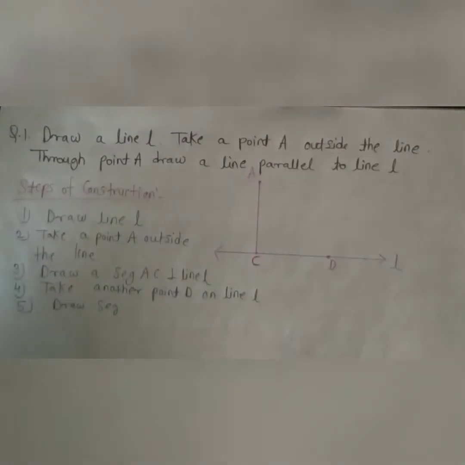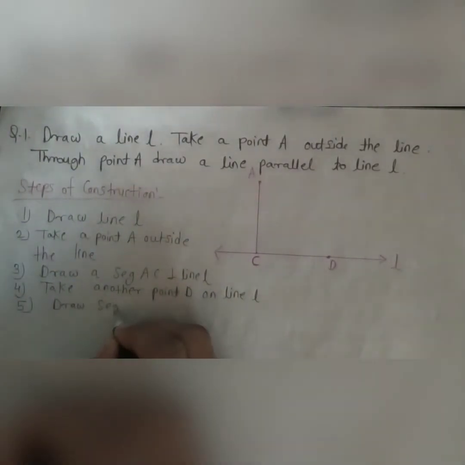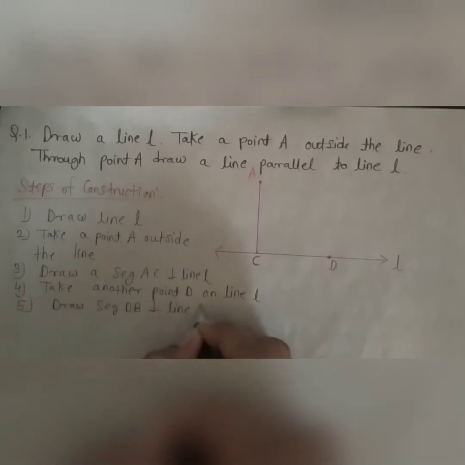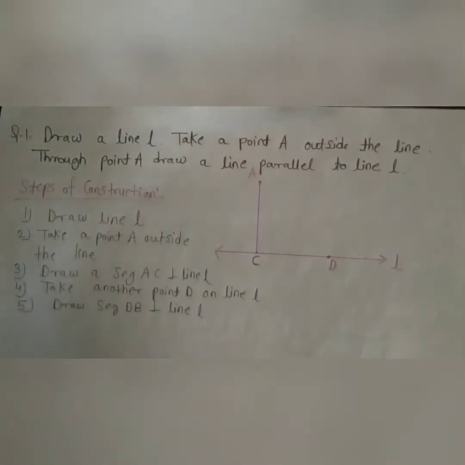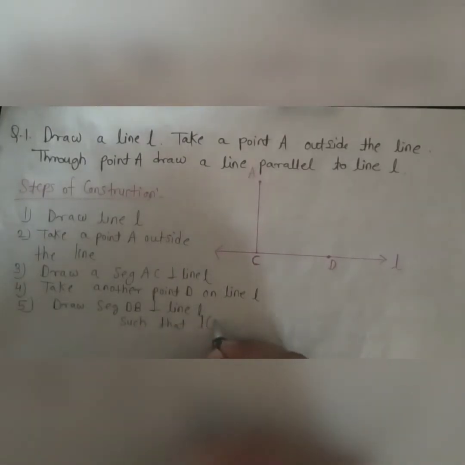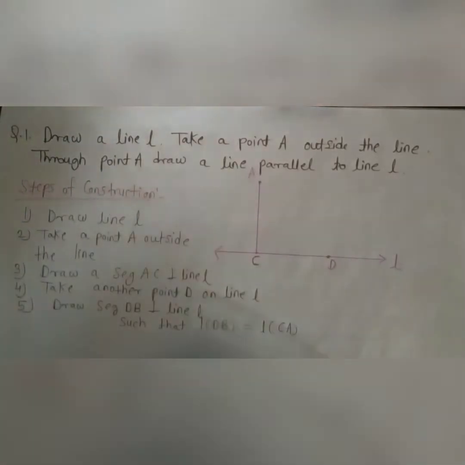Now the next step is draw segment DB perpendicular to line L, such that length of DB should be equal to length of CA.